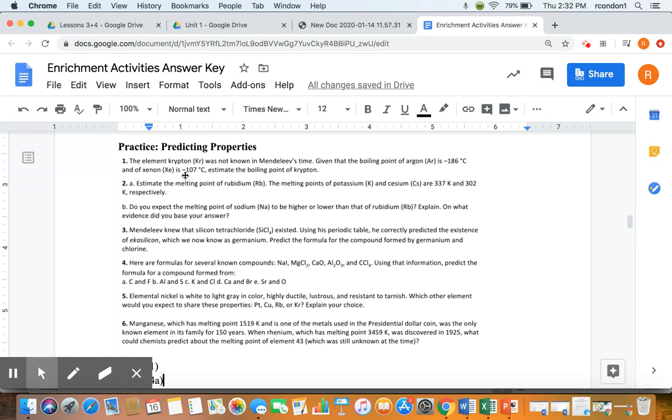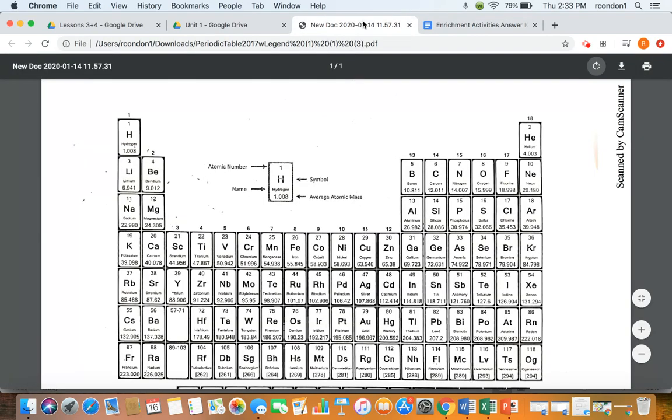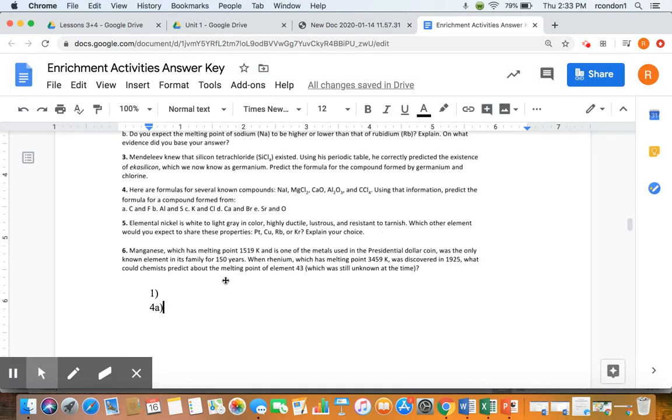So I would just estimate that if you increase the temperature by 40 degrees, you're going to land at about negative 145 or negative 150 degrees Celsius. So let me type that into our answers. Negative 150 degrees Celsius.